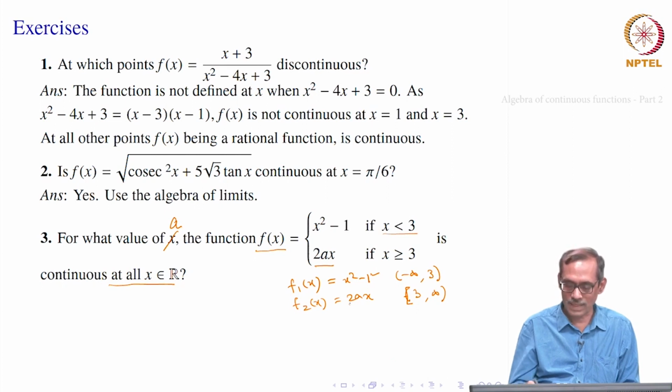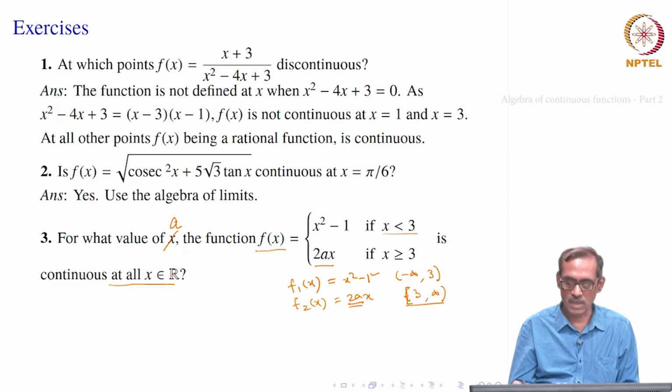At that point only, we do not know whether it will be continuous or not. It may require some more study. When you say f2 is continuous here, you are taking only one sided limit at 3. The left sided limit is not relevant here.